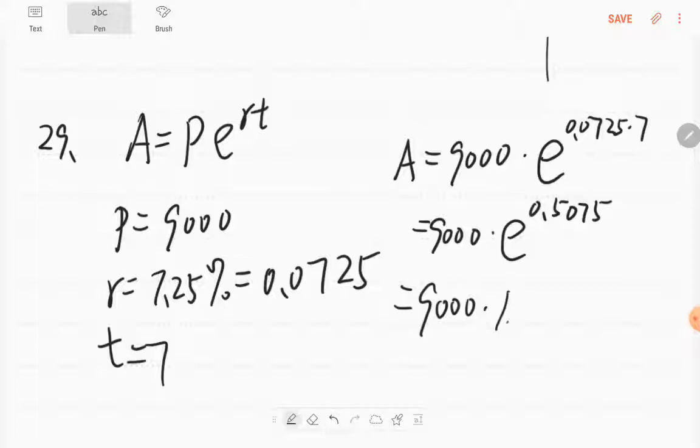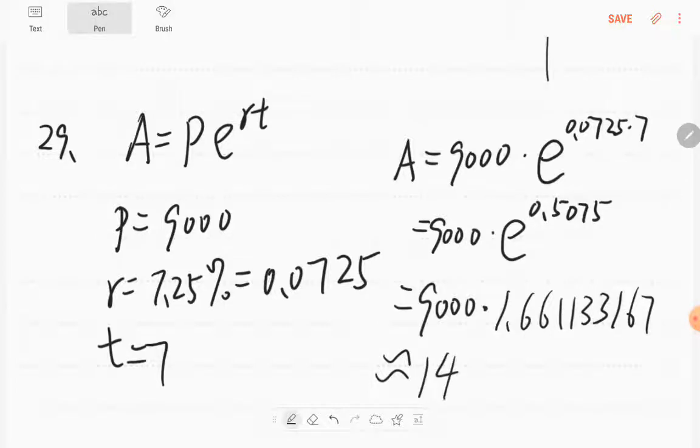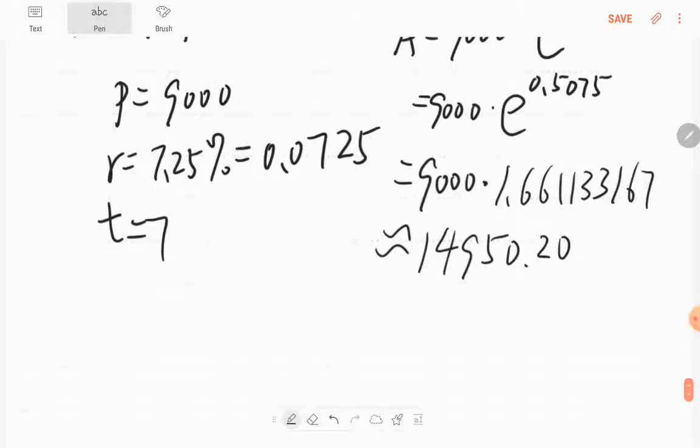So we have 1.661133167. So then you multiply by 9,000, so you will have, we round it to 2 decimals, okay, 14950.20. Okay, so this would be the answer.